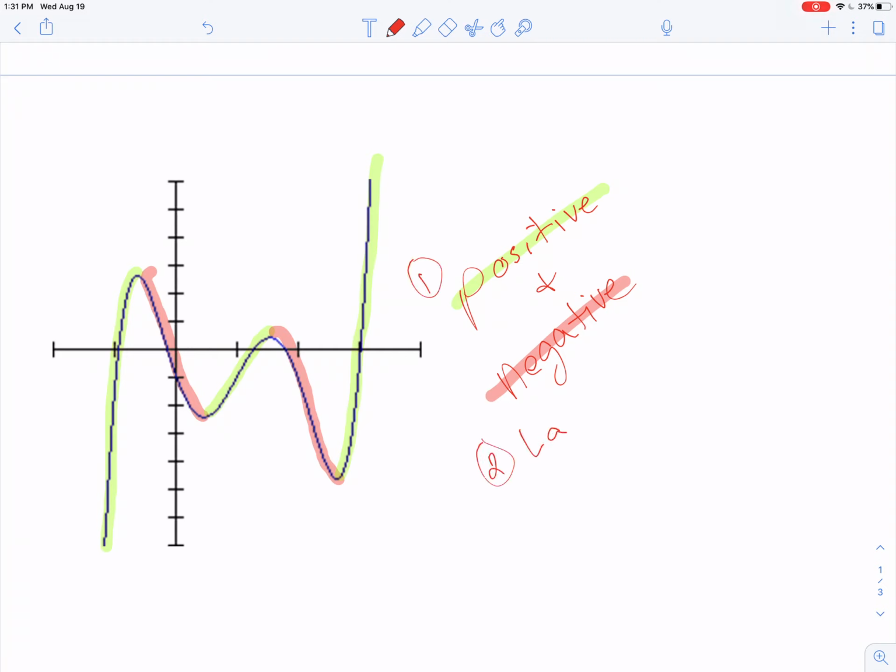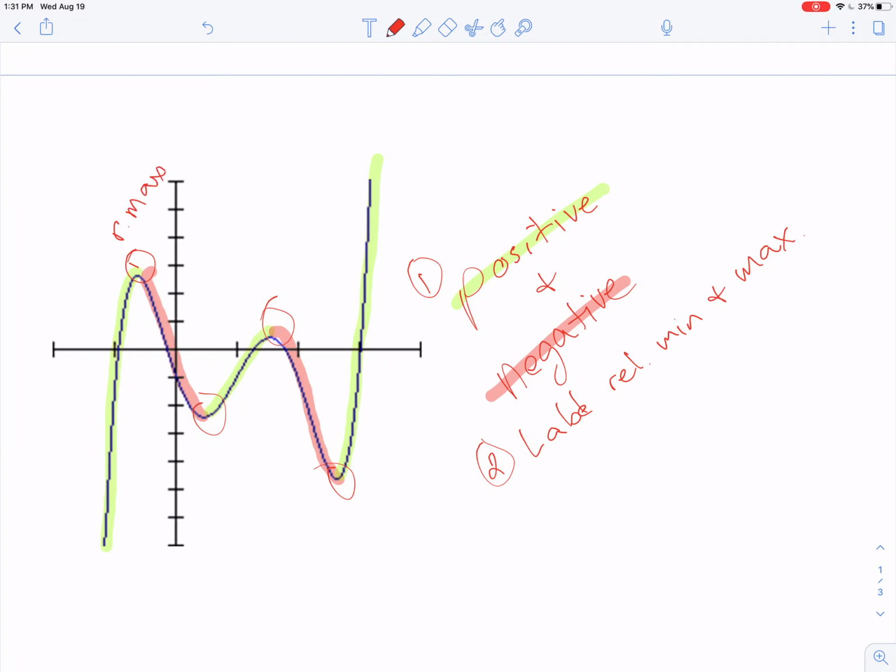The next thing I want you to do, so that was step 1. 2, I want you to label the relative mins and maxes. So right here, basically all those places where it turns around, those are going to be relative minimum or maximums. So since this one goes up before it turns around, this one's going to be an R max, relative maximum.